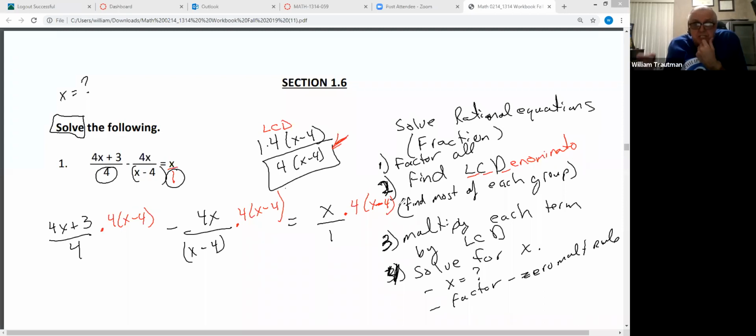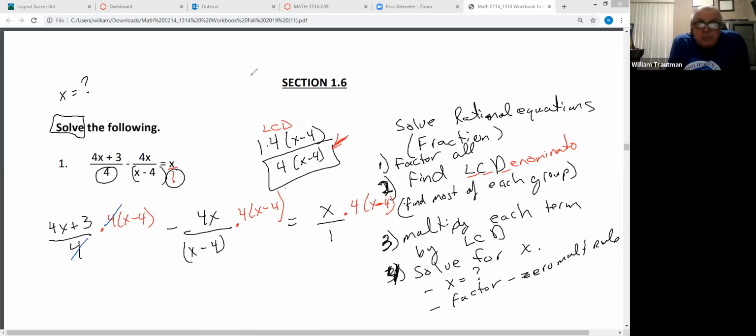Watch what happens. Do you see how these 4s cancel? A top and a bottom. 4 divided by 4 equals 1. 1 times anything is itself. So we can say they cancel or they turn into 1.